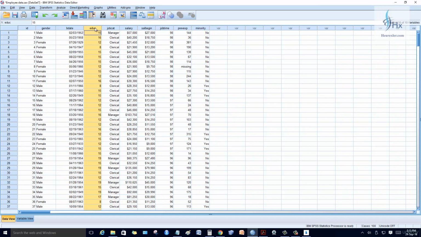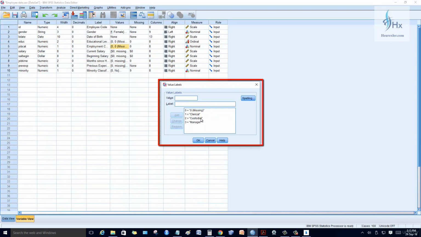Those employees who are highly educated, we can presume, draw a higher amount of salary as compared to those employees who are less educated. Similarly, we can also guess that salaries drawn will be affected by the position held by the employees. In our case, we have three categories of employee: clerical, custodial employees, and manager. And we may guess that managers would be drawing a higher salary as compared to clerical or custodial employees.